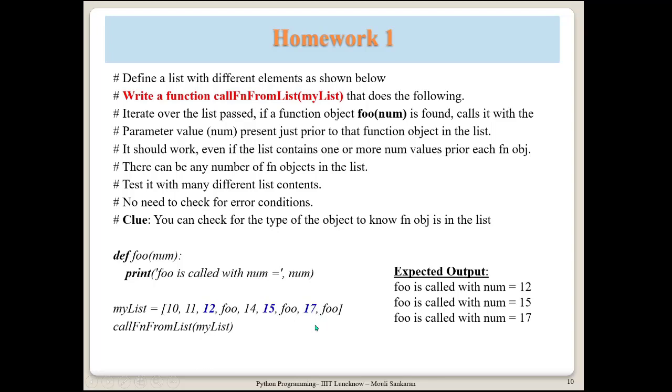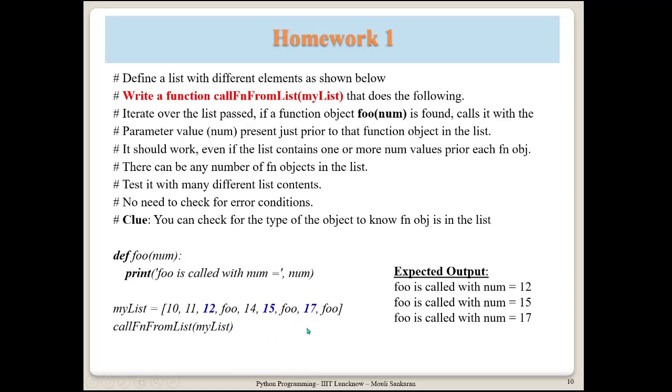In that case, wherever the function objects are there, I want you to call them and get the previous integer value. You can always put in logic that if it is outside the limit, or if it is not an integer object, don't call it. I am not expecting you to do that, to simplify the implementation, but you are free to do it.